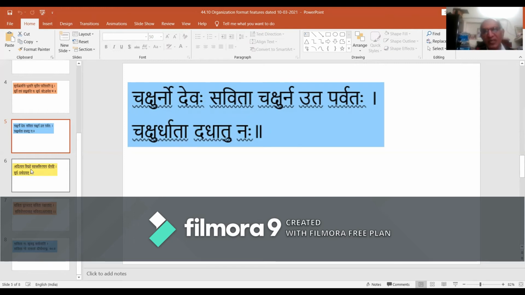And this divinity is there because of Surya as Dhata, Surya as the Dhatu.